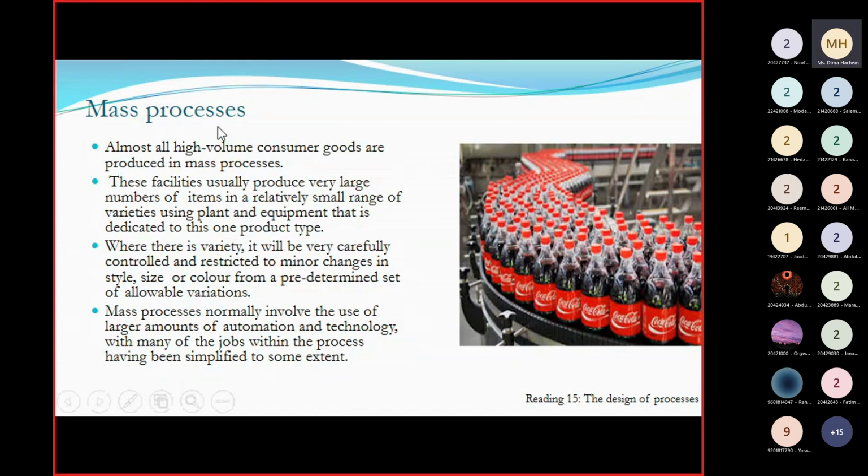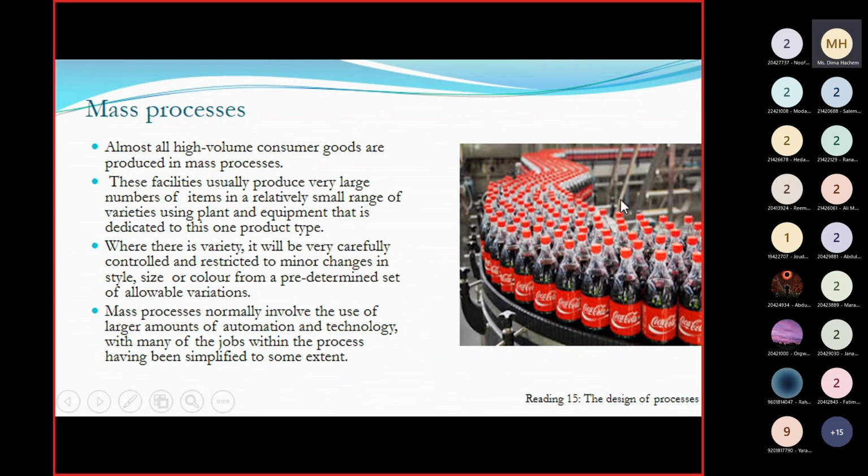The next process is called mass processes. The word mass means that we have a huge number of items produced. So here, it makes sense for you to buy machinery, all these machines that make your product.